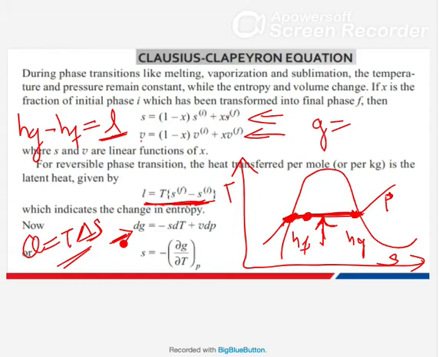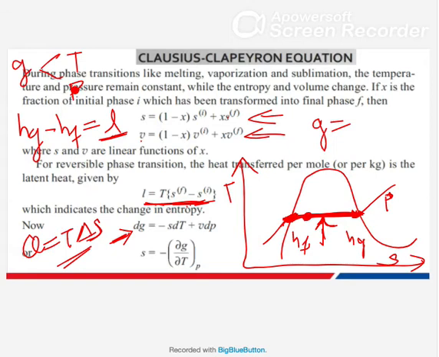Now here, let's assume first that pressure is constant, and temperature is also constant. So what we can do is have a relation, where we assume G as a function of temperature and pressure.